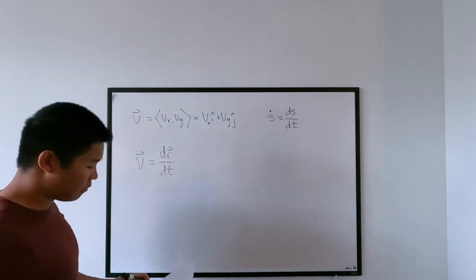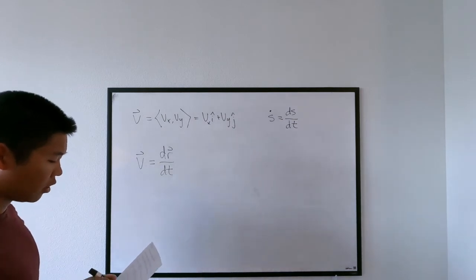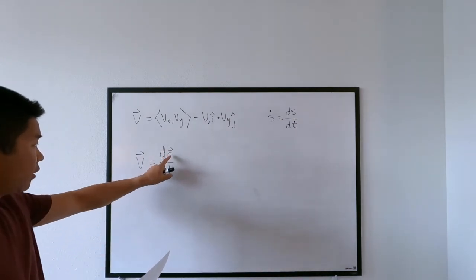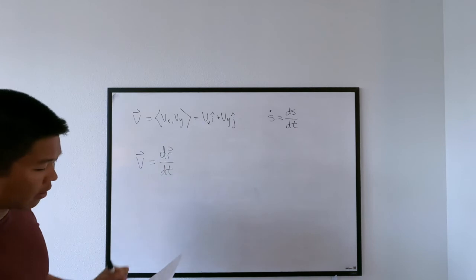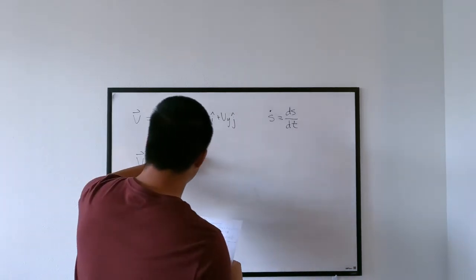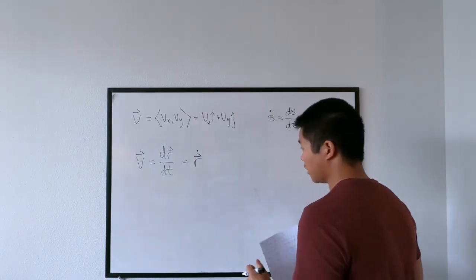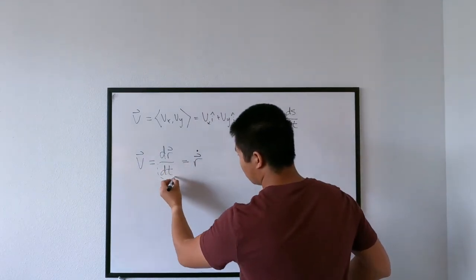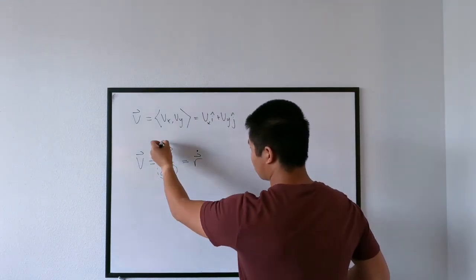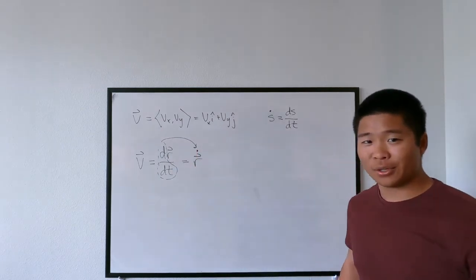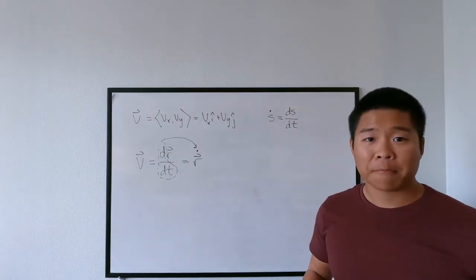Or ds dt, but ds being like ds with an arrow on top, okay? So this is equal to r dot, okay? Because the d dt notation here just gets thrown into the dot here. As you guys can see, this is a lot simpler to write, okay?